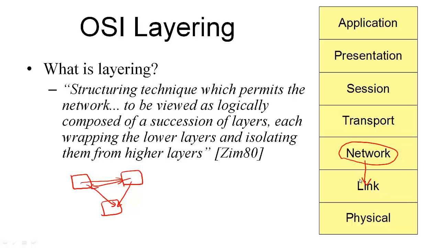In other words, it uses the services of the link layer only to achieve its own functionality. This kind of segregation is not easy, but they achieve it, and this makes implementation very easy. So we'll cover some of this interlayer communication in the next video.